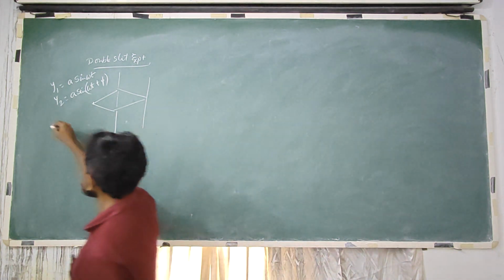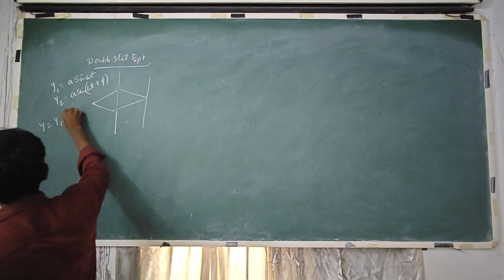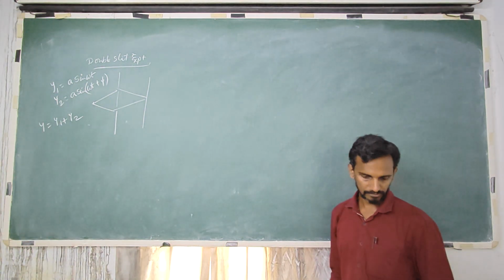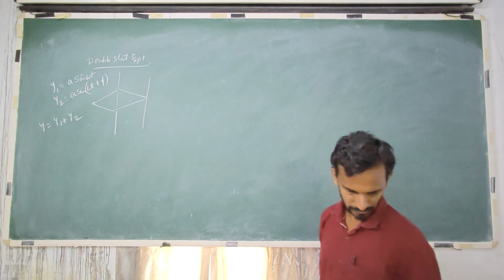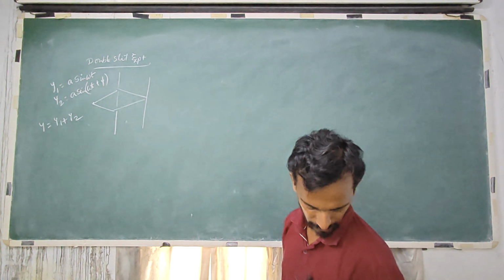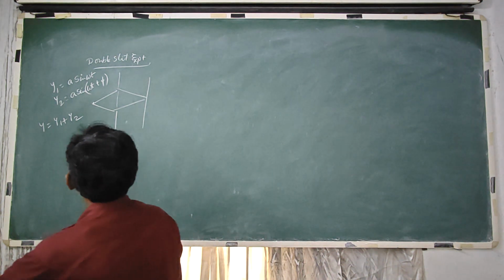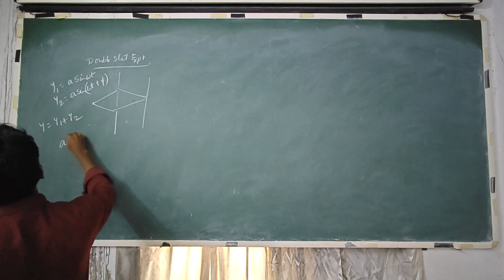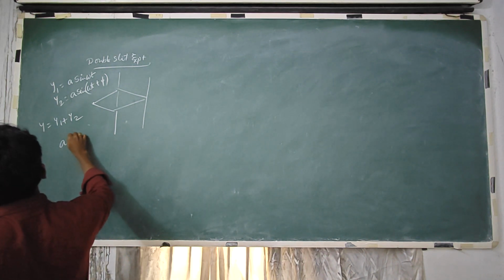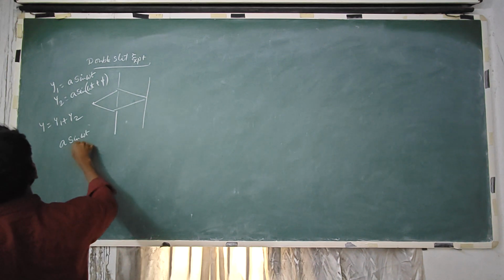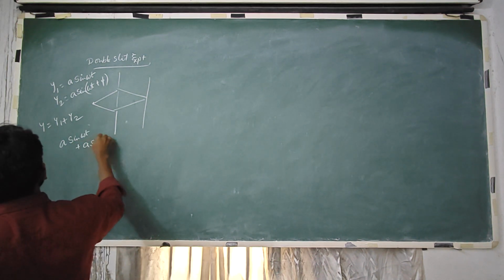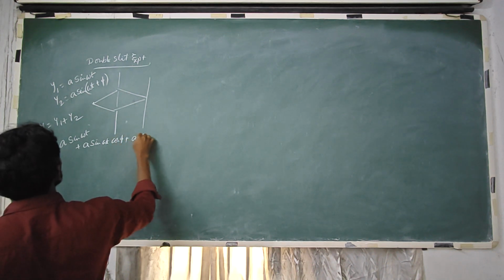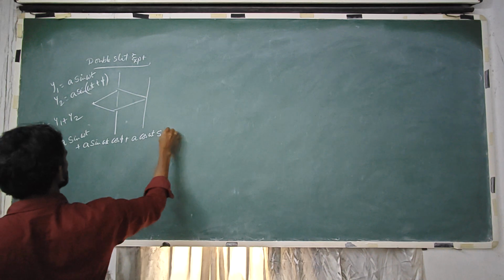So the result is y equals y1 plus y2. If you add both of them, what do you get? Sin omega t cos phi plus a cos omega t sin phi.